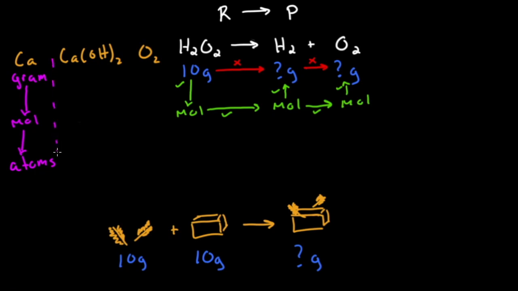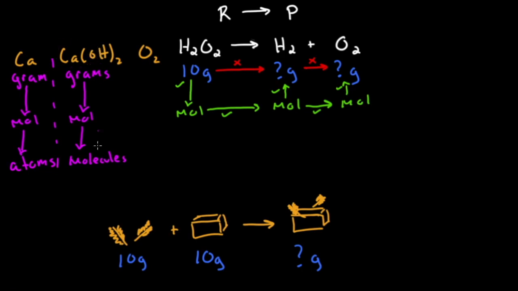But what if we're given grams of something like this chemical? We have grams here, and we go from grams to moles like this, but this time we're not going to be in atoms, we're going to be in molecules instead. The reason is that this chemical has at least two different atoms put together to form it.